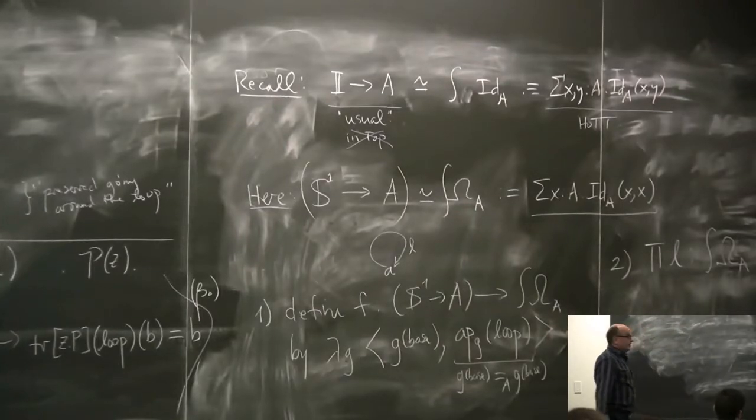Okay, so I'm going to skip some things, and let me now talk about what is called suspension. One way to motivate it is to give another definition of S1, and then we want to see that those are equivalent.